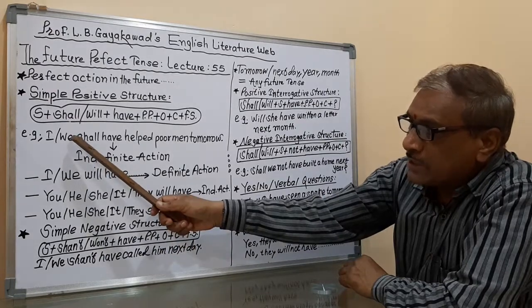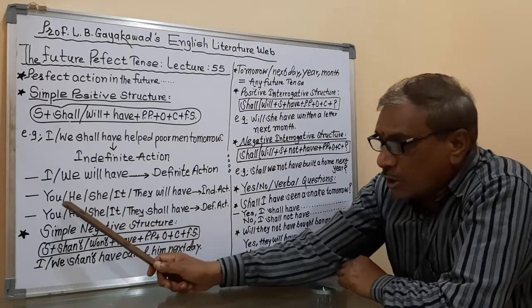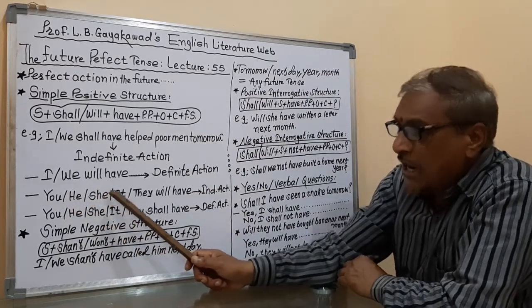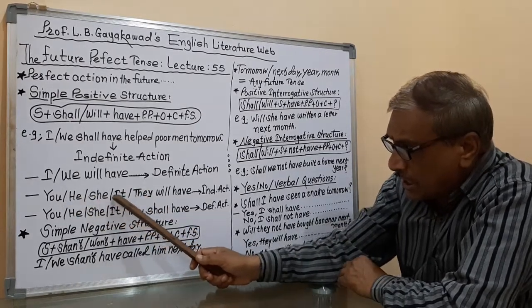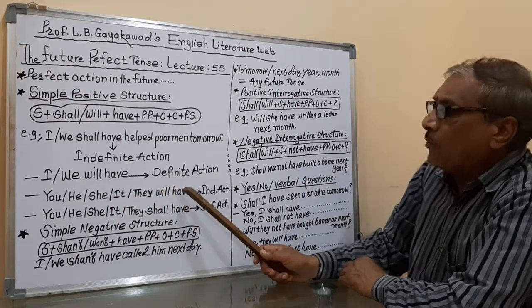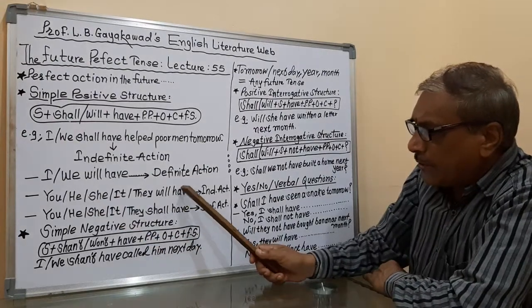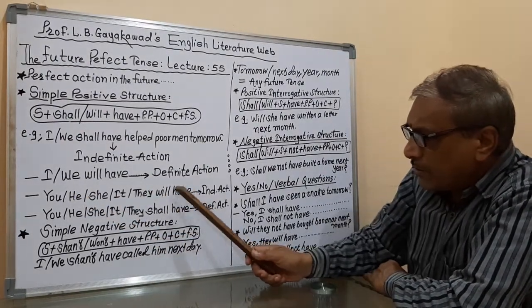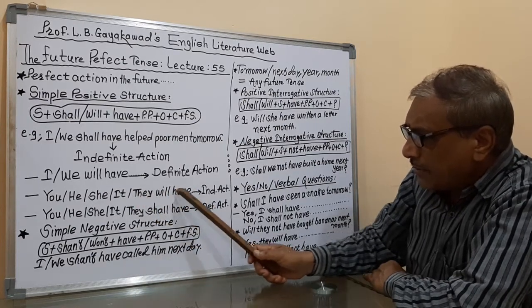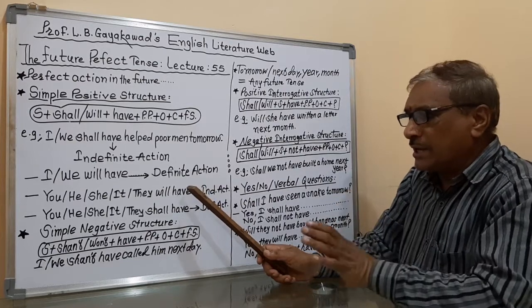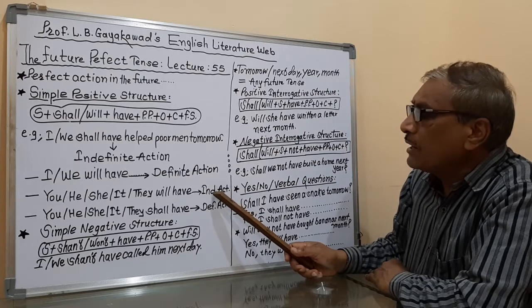So I told this with the help of this example. Then you, he, she, it and they. If the structure is like this, you will have, he will have, she will have, it will have, and they will have, then that sentence shows the indefinite action.